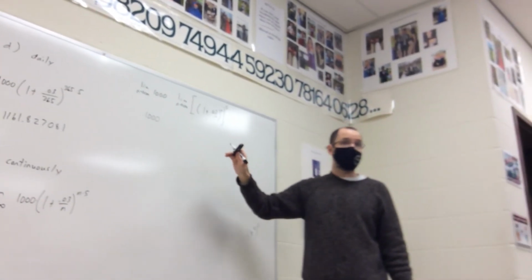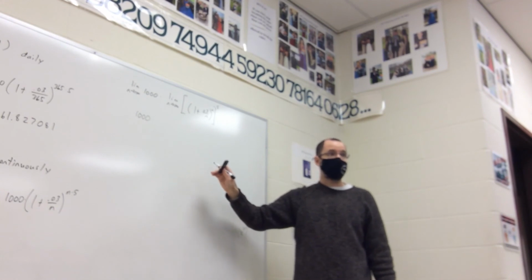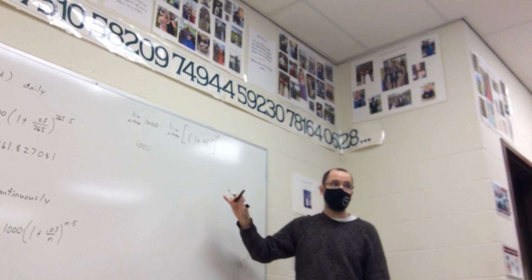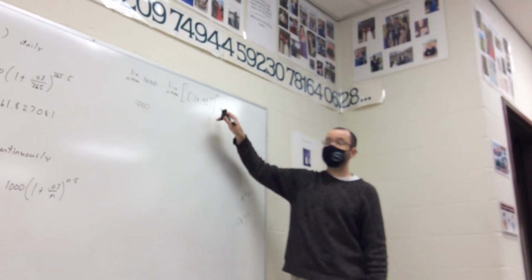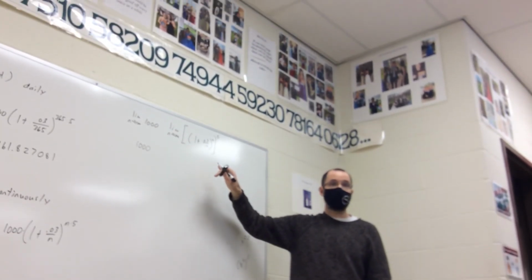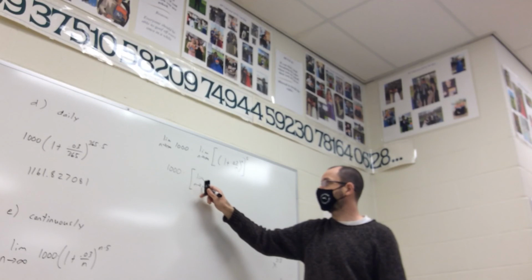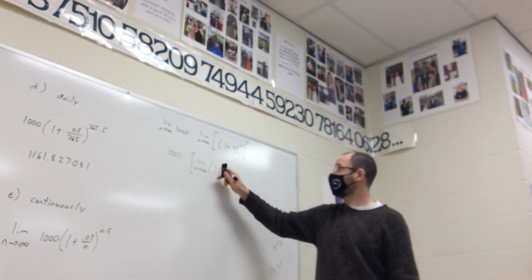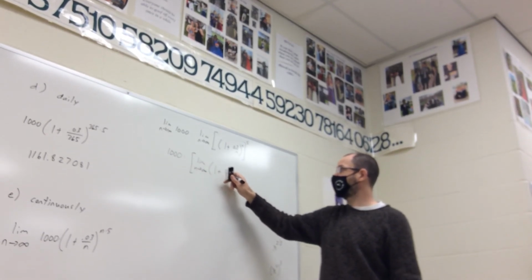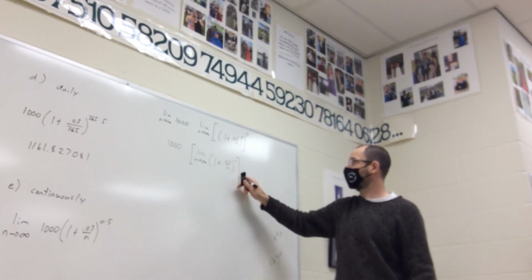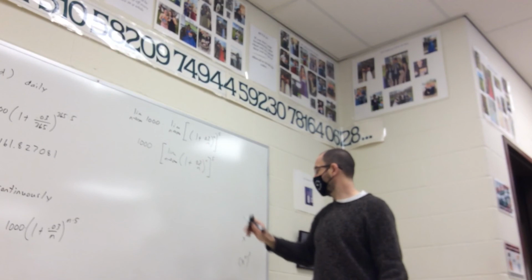All right, we had another limit law that said the limit could go inside a power. So that's why I wrote this like this, so that I could put the limit inside. So this is the limit as n goes to infinity of 1 plus 0.03 over n to the n power, and then to the 5th.